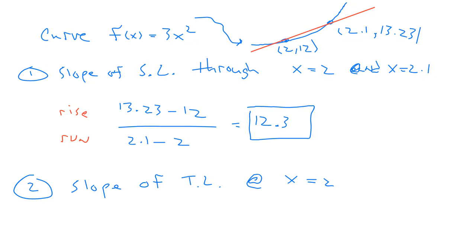How do you find the slope of the tangent line? The derivative, which we call f prime, tells you the slope of the tangent line. So what's f prime? There are different ways of calculating f prime addressed in the videos.